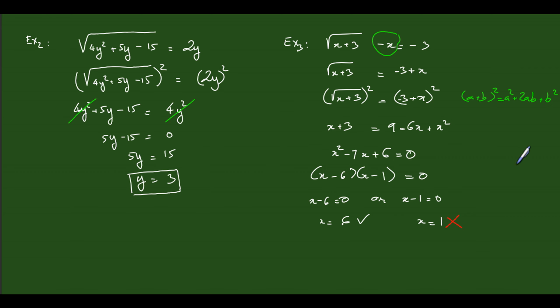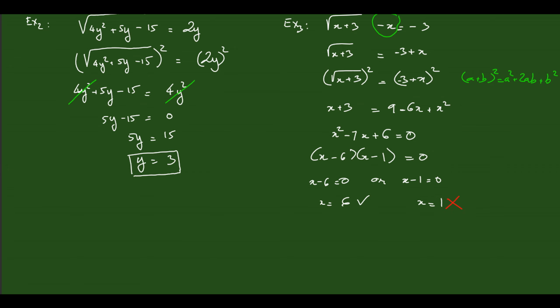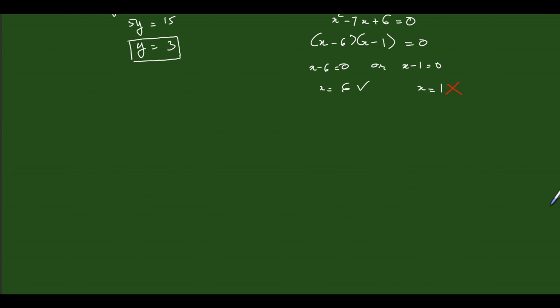Alright, so that's example 3. Let me give you the last one, example 4. On example 4, instead of having one radical, I will have two radicals.